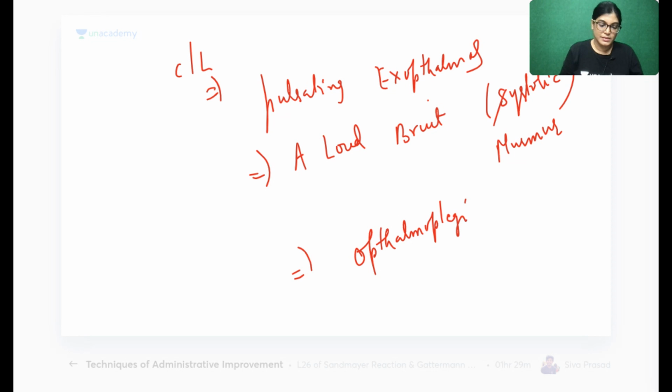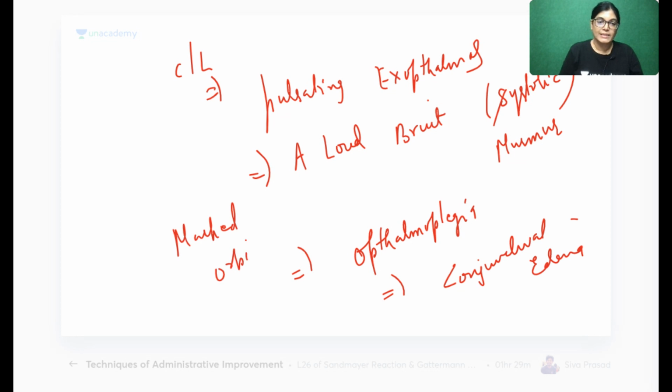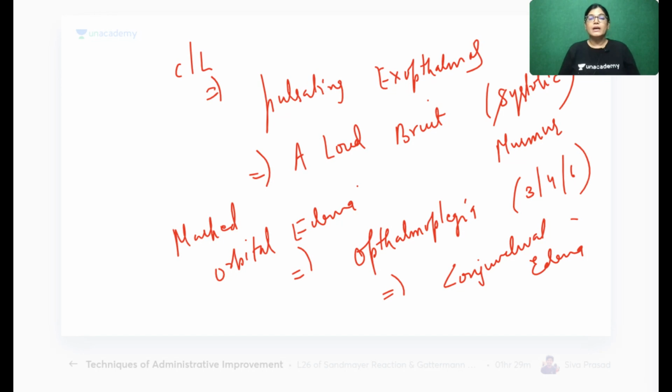Ophthalmoplegia will be seen, conjunctival edema, and marked orbital edema. Ophthalmoplegia will occur since the third, fourth, and sixth nerves are involved. So this will be another sign and symptom seen in the patient.